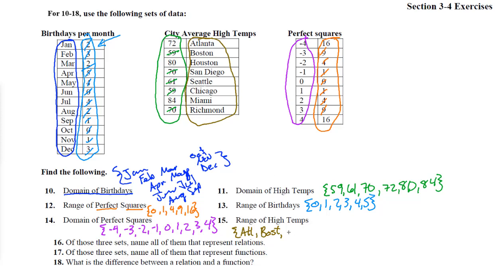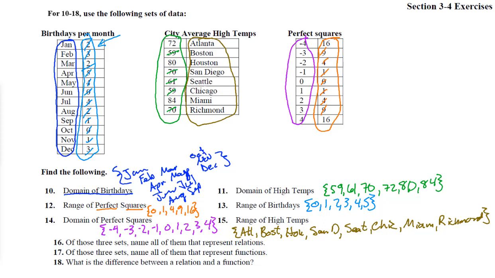So I can just go straight down through them. Boston, Houston, San Diego, Seattle, Chicago, Miami, and Richmond, probably Virginia there. Alrighty, and there we have it. You just listed out everything that was in that set.